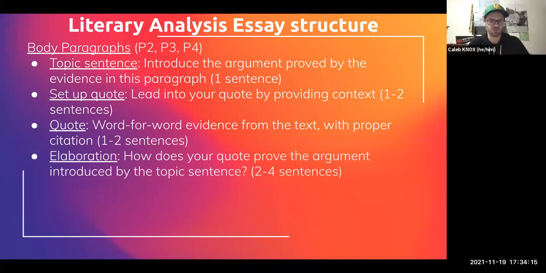Then your elaboration. And as you elaborate, it's not just a summary of the quote, okay? Now you might choose to write one sentence that summarizes the quote, especially with Romeo and Juliet. Shakespearean stuff might be kind of hard to read, might be kind of hard to understand. So it makes sense that you help your reader understand. That's fine.